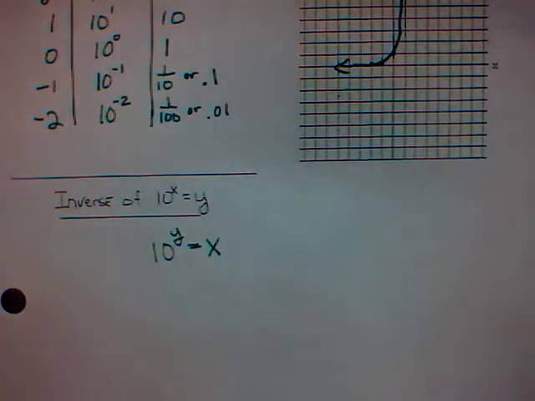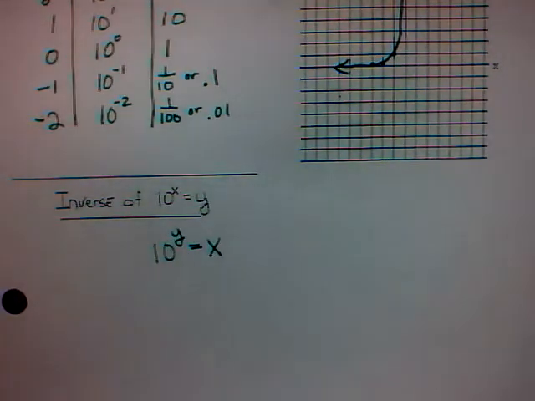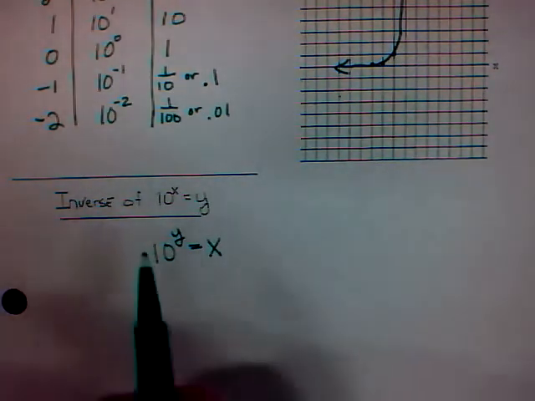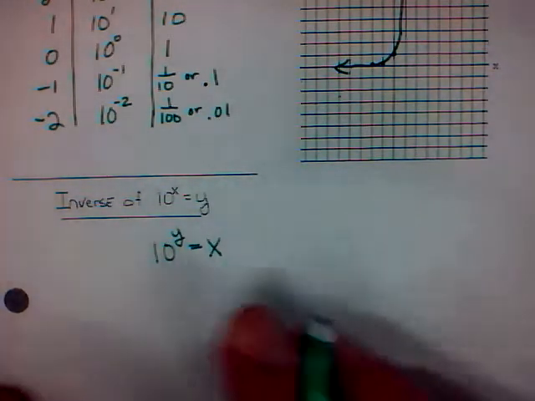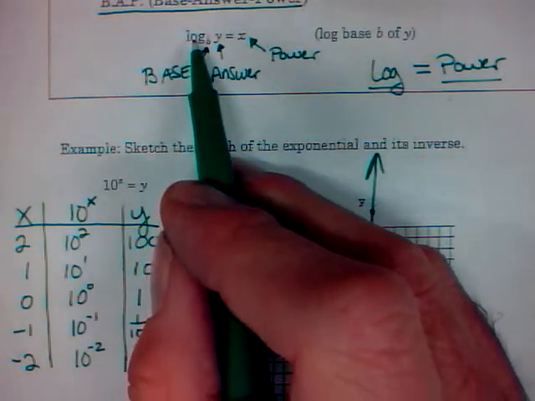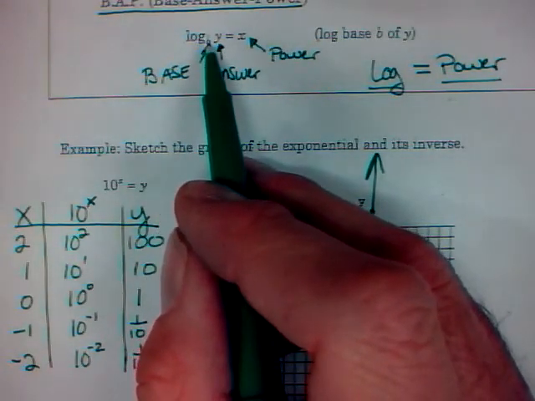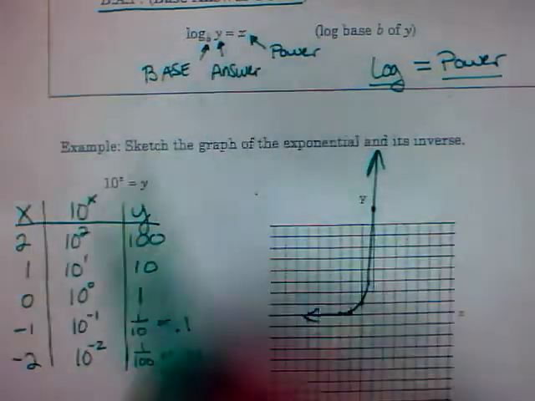And then the next step of finding an inverse is getting y by itself. Now the question is, how do you get y out of the power? Well, to get y out of the power, that would be what a log is. A log is a power. So if we want to get y out of being an exponent, we let it equal a log. So we're going to switch forms. Again, with your log, when you go to write log form, it's log base answer power.